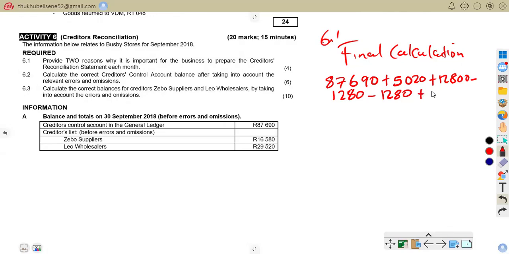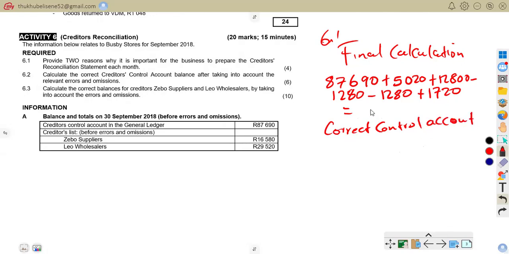Then now we have to add again 1,720. So it is supposed to be added. So this one, it was for value added tax. So now we are to get the total of those. The correct control account. We have to get the correct control account.